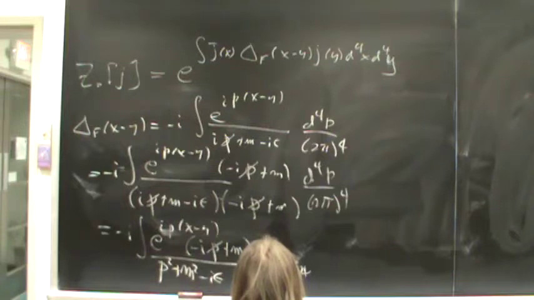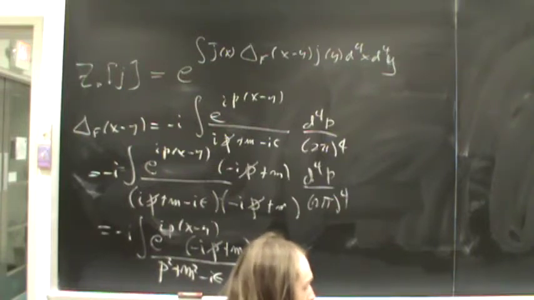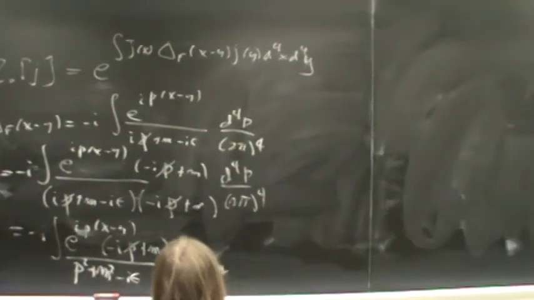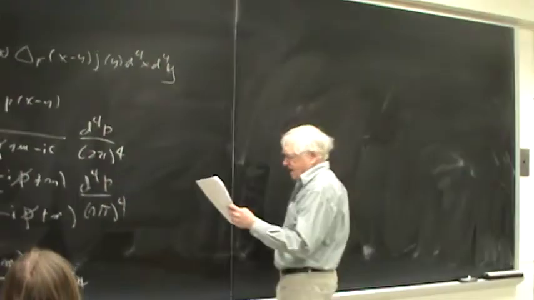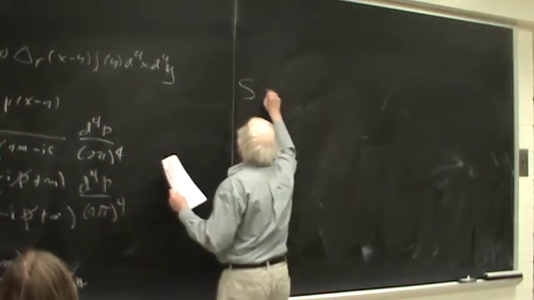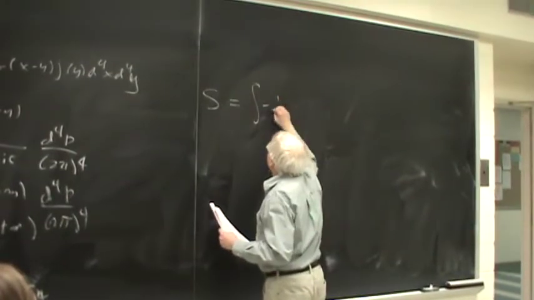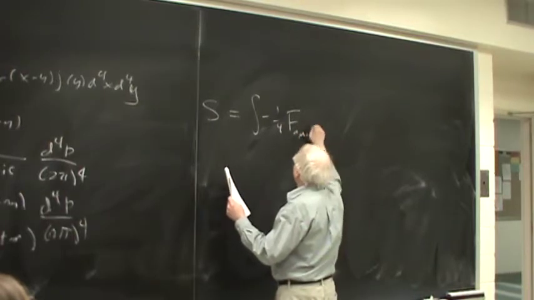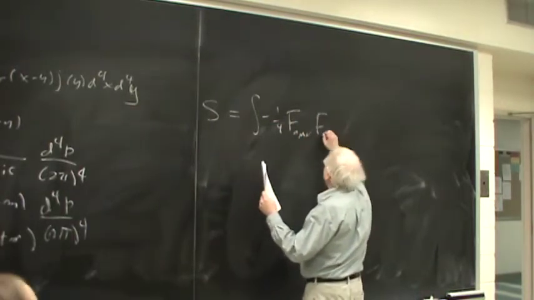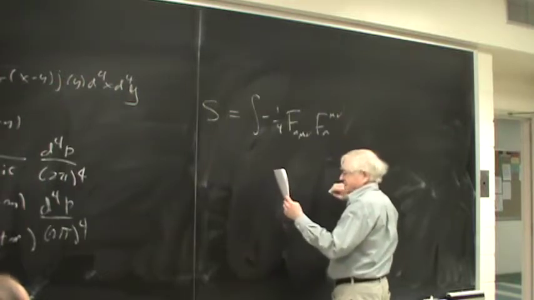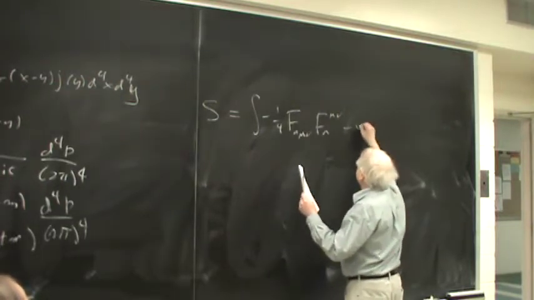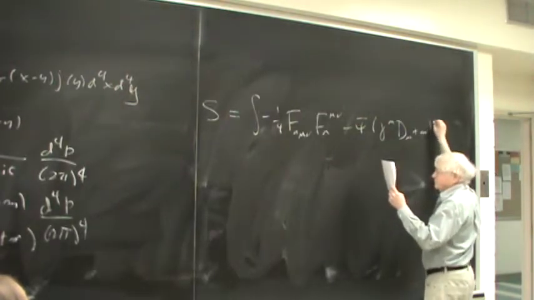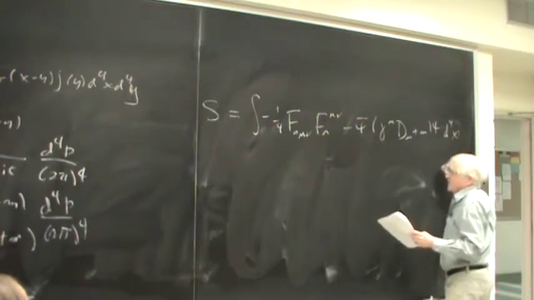I think the next topic then is to go on to, we've only got a few minutes, but I can just sort of warm the thing up for you. The generic action for a non-Abelian gauge theory: minus a quarter F^a_{mu nu} F^{a mu nu}, or we could raise the a if we want, anyway, minus psi-bar gamma^mu D_mu plus m psi, d^4x.